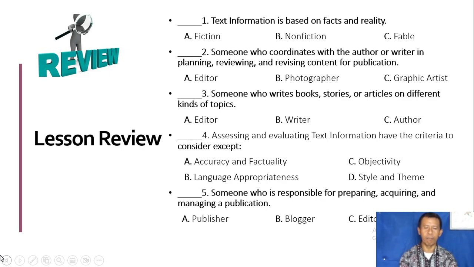There are four choices, and three of them are really the criteria to consider when you assess or evaluate text information. A, accuracy and factuality. Is it a criteria? B, language appropriateness.